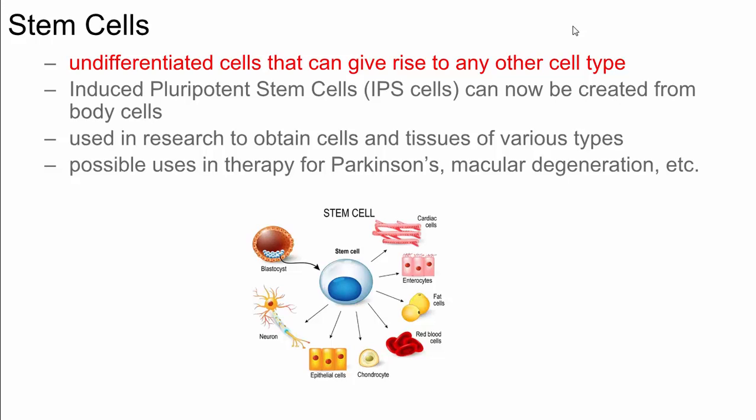Then that stem cell can be used to create any other type of cell that's needed for certain medical treatments. The process of doing this creates what's called induced pluripotent stem cells. A pluripotent stem cell is just a stem cell that can turn into any other cell. Induced means they're turning a formerly specialized cell into the stem cell.